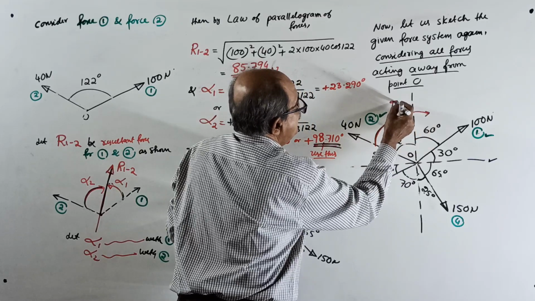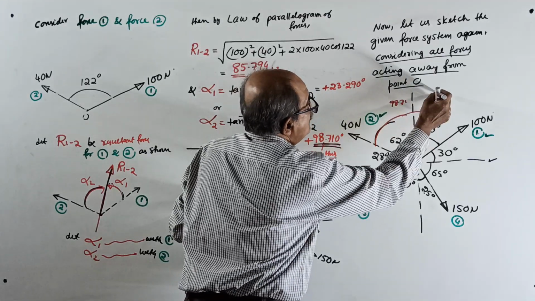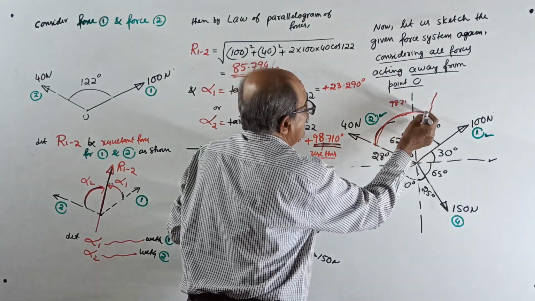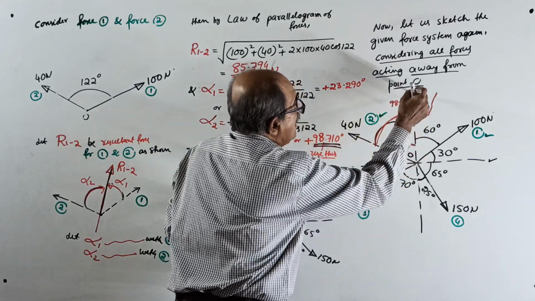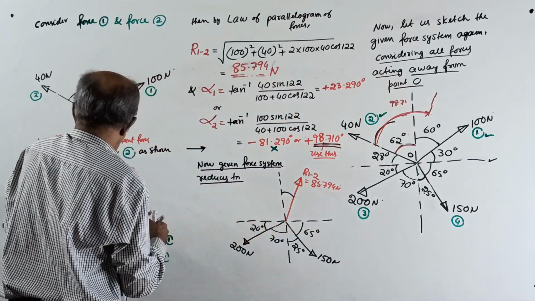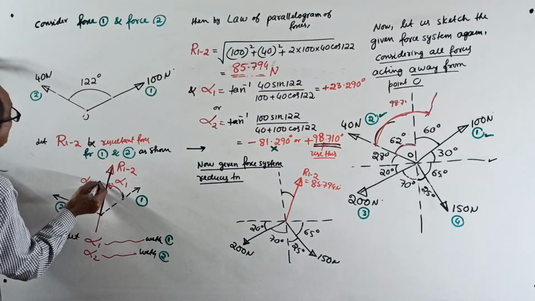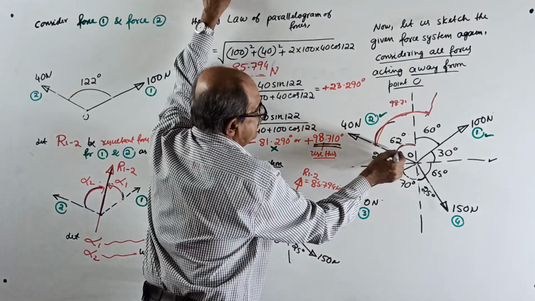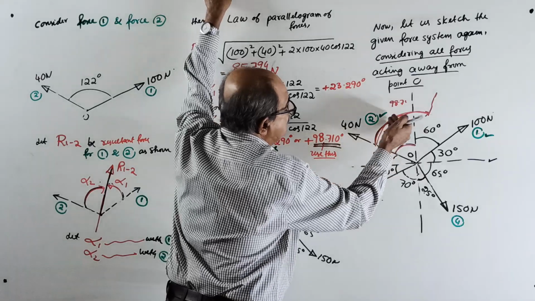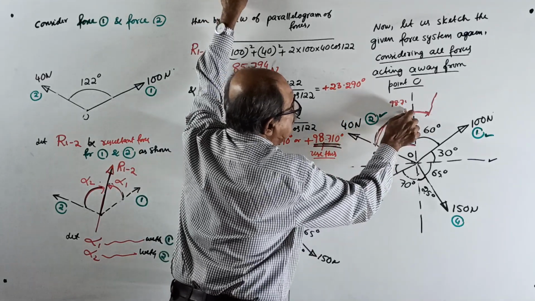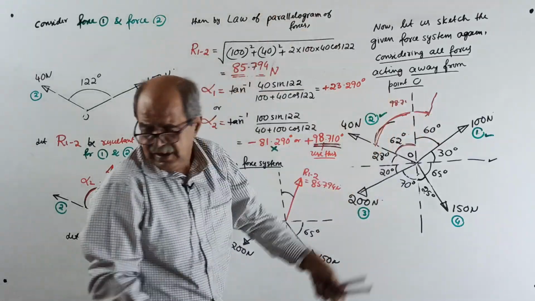So your resultant will come here. This is 98.71, this is 62. You mark with the reference axis, and see how much this angle is. This is alpha 1. Once again, from this force you have to go by 98.71. You have gone by 62, further you have to go.